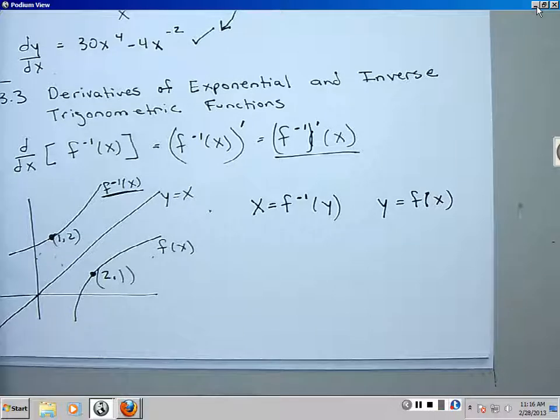Okay, so is everyone okay with this? I'm calling this inverse function x. I'm calling the original function y. Now, if I differentiate this function with respect to y, that would be finding the derivative of this side, right? But I don't know what the derivative of this side is, so I'm going to use this function, and once I have it, I'm going to plug it back in, and we'll get the general formula.